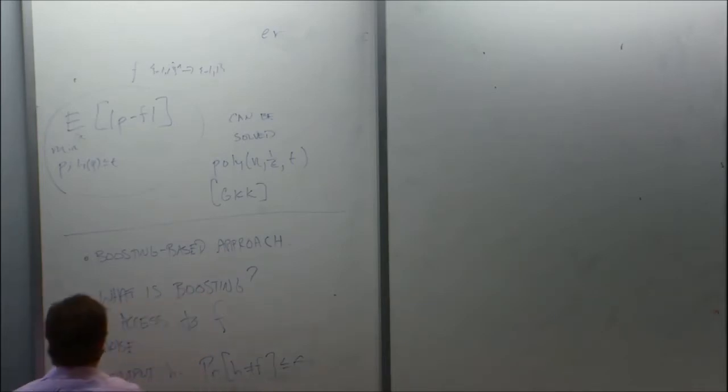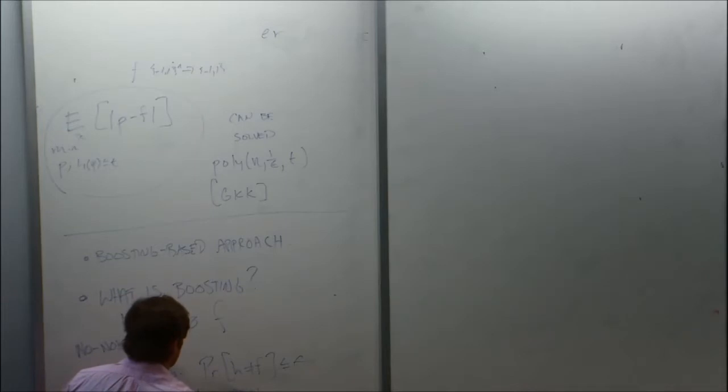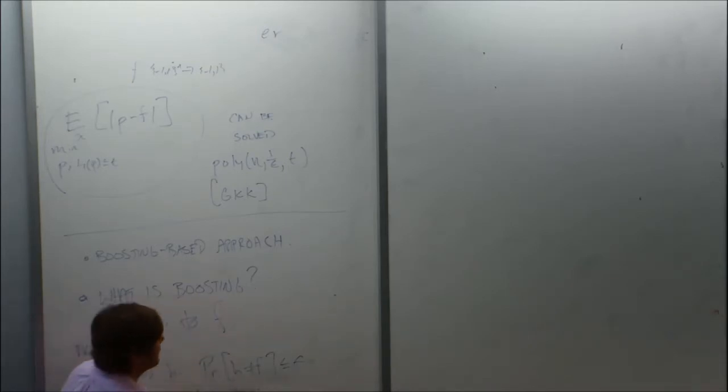Instead, I'm going to describe the weak learning assumption. I'm going to assume that we only have a learner that can output a hypothesis that is, say, 51% accurate. So here gamma would be 1%.